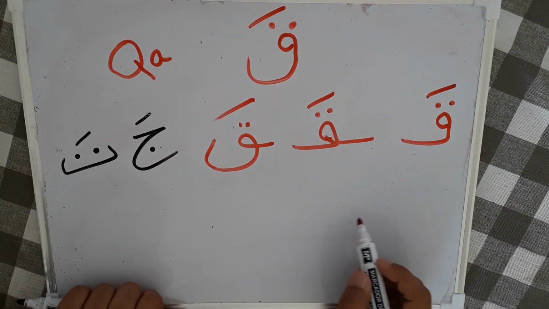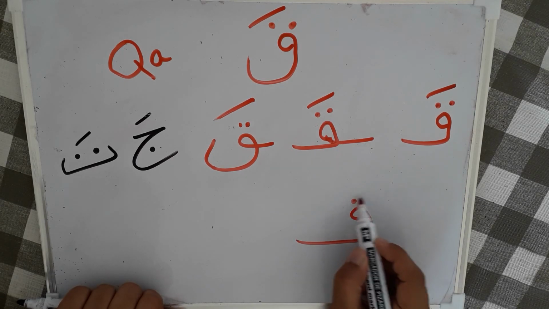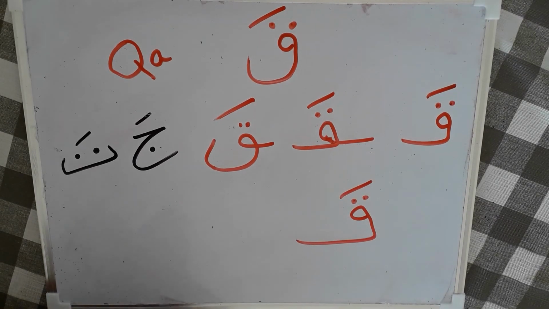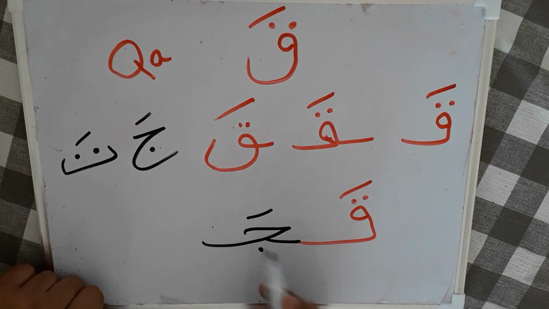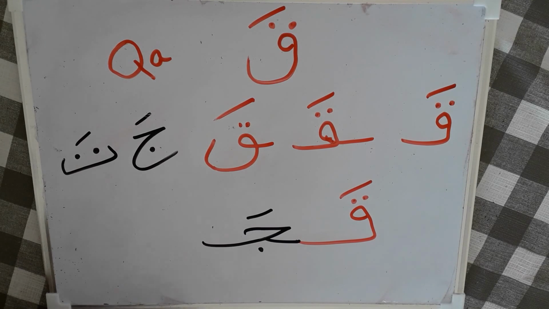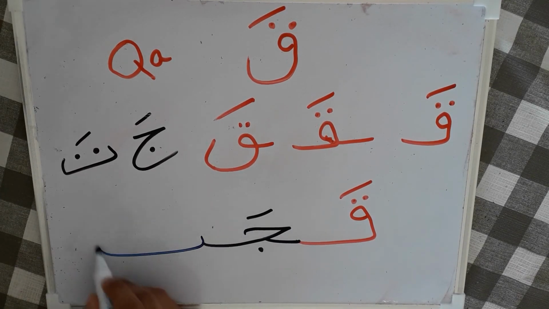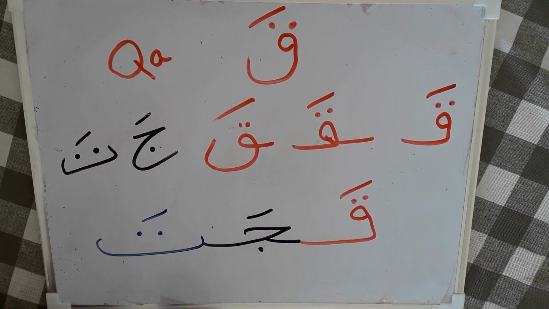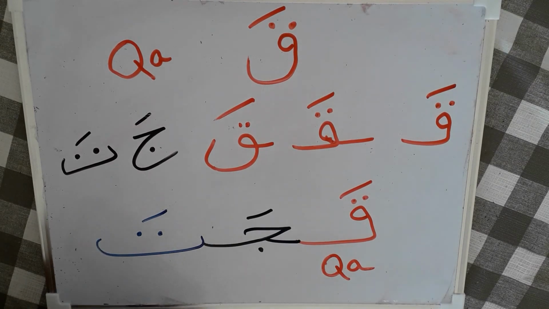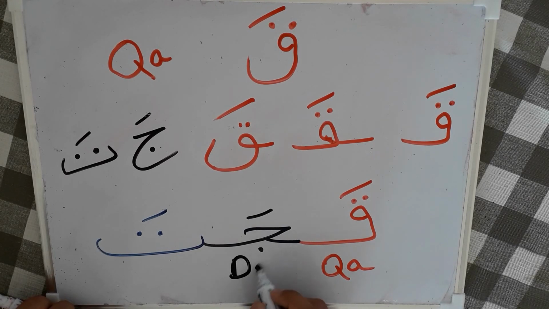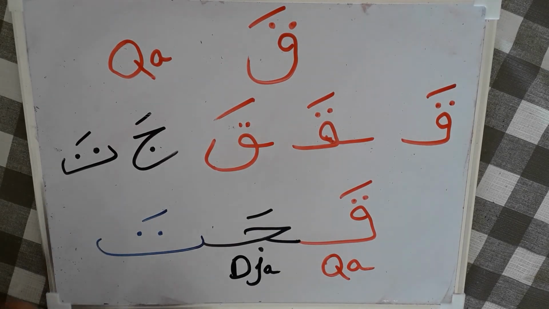First one is qa, ja, ta. Let's add the sound. Qajata. Okay? Qajata.